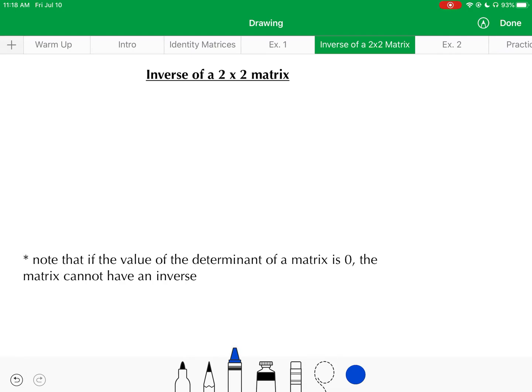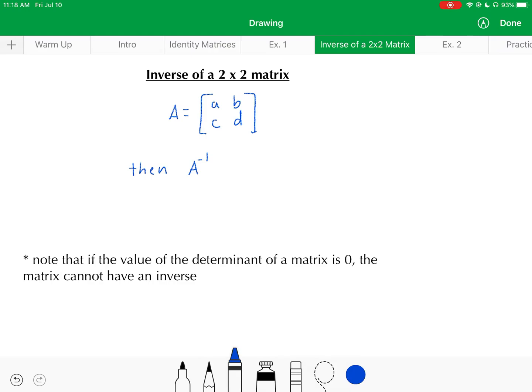Okay, so let's say we're working with matrix A, and it has the following elements: A, B, C, D. Then the inverse of matrix A is represented with this notation.